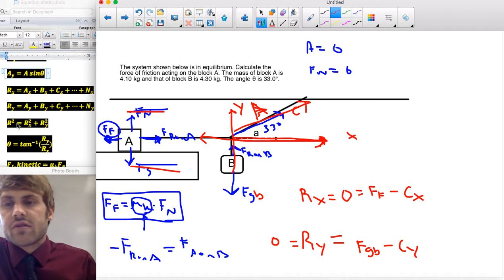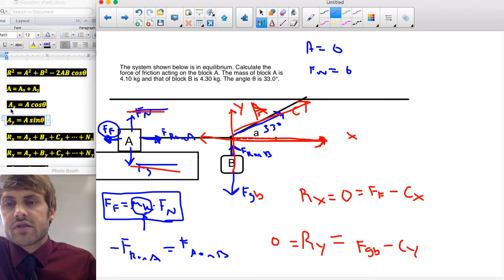Now, this would be a great time to use our Ax equals A cosine theta and Ay equals A sine theta, except we have no magnitude for C.